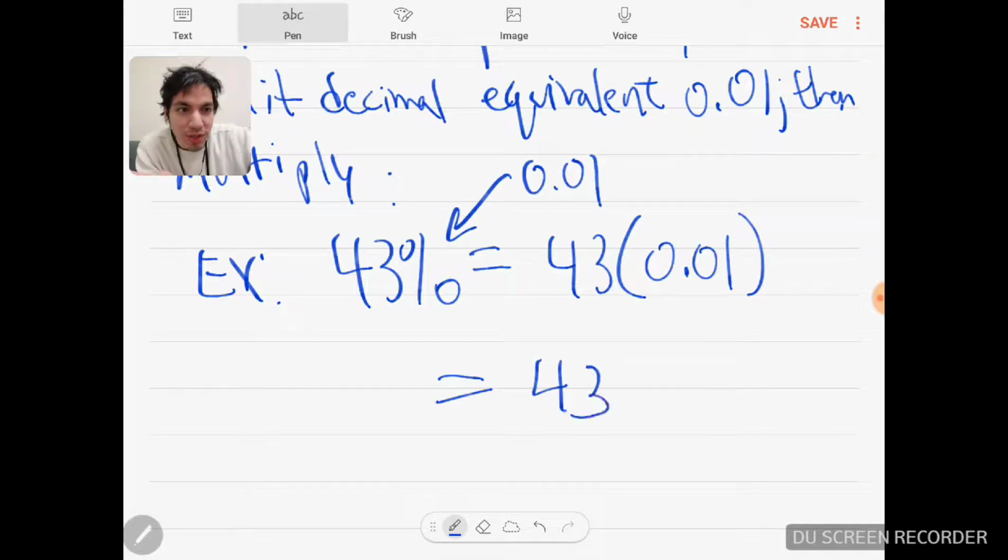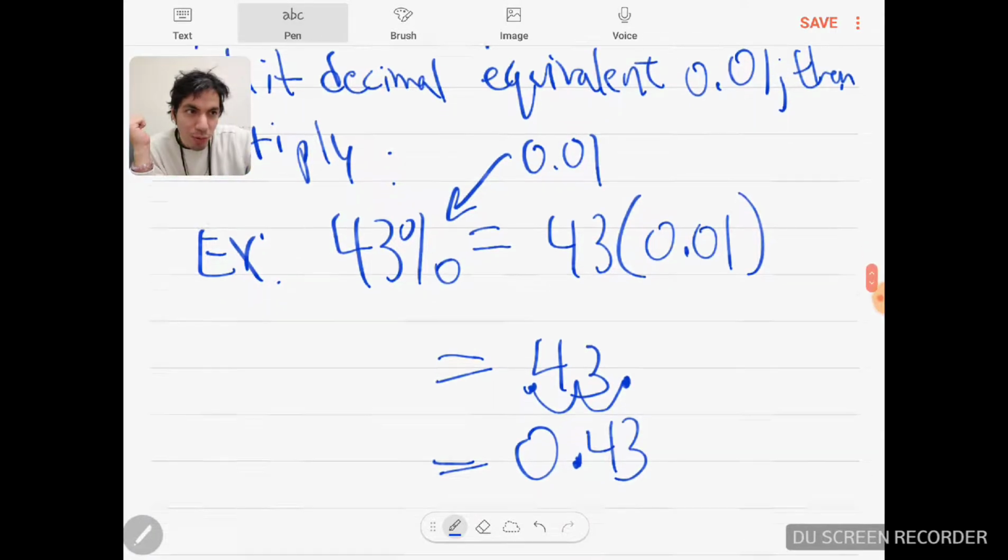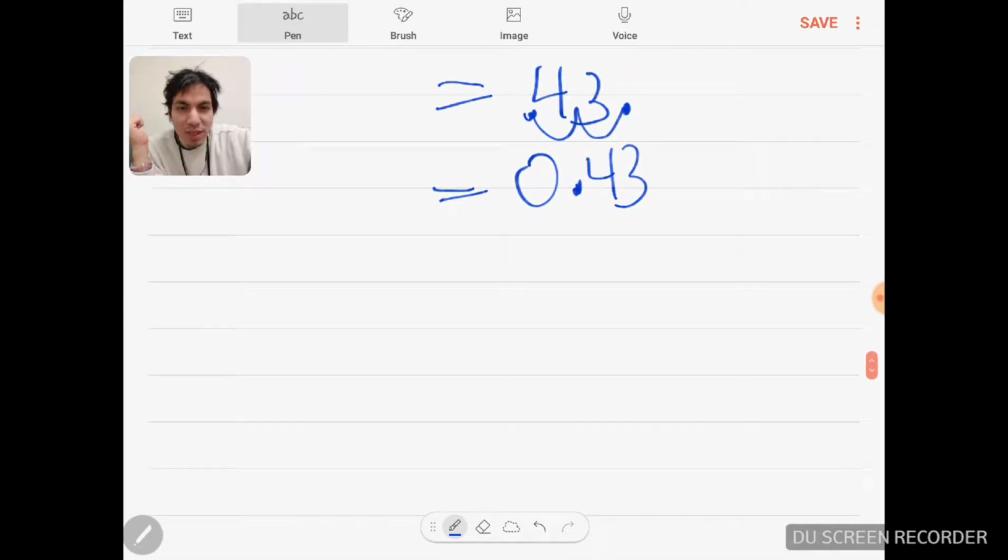Since 43 is a whole number, you move the decimal point over 2 times to the left. So 1, 2. My answer is 0.43. We got a whole bunch of examples for you, so let's get right into them.